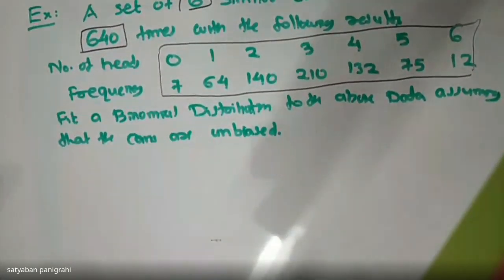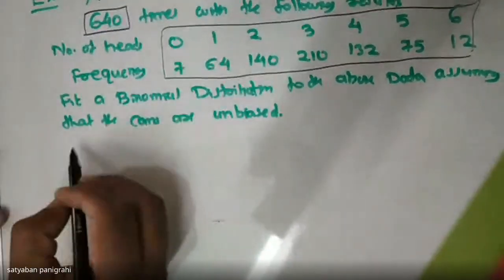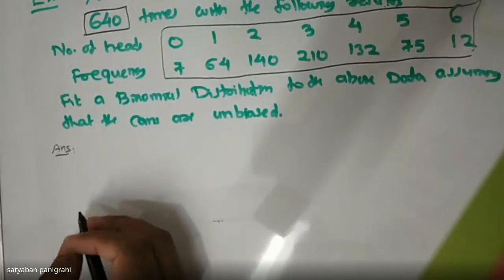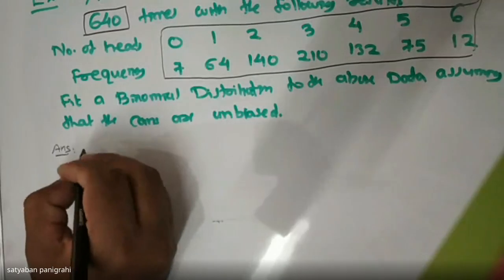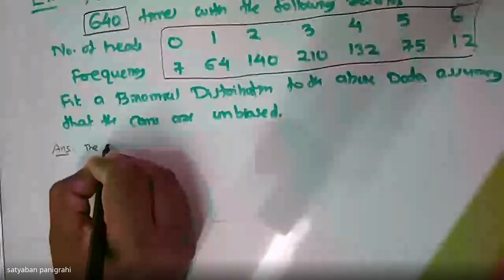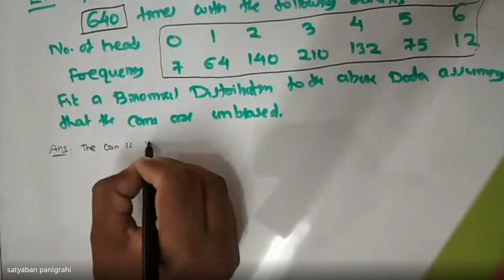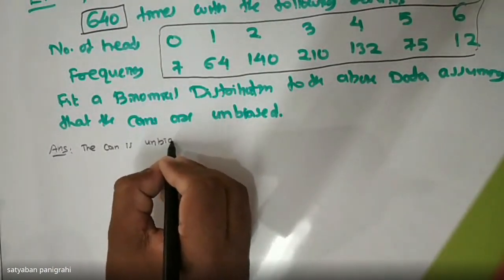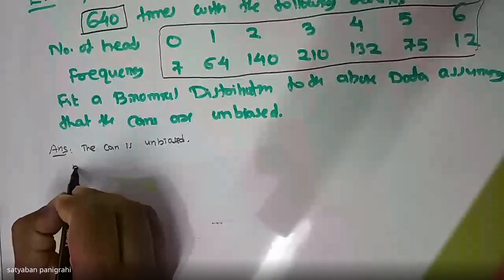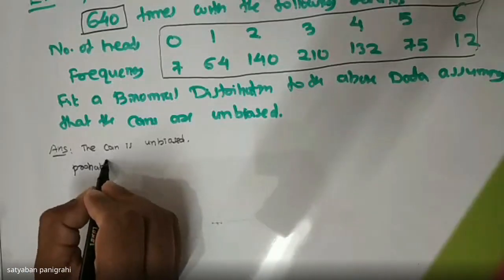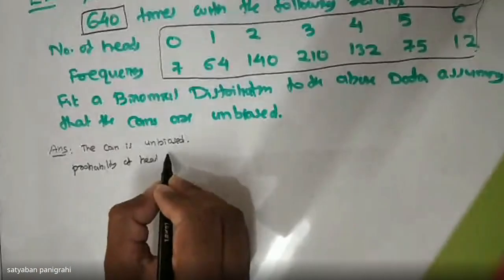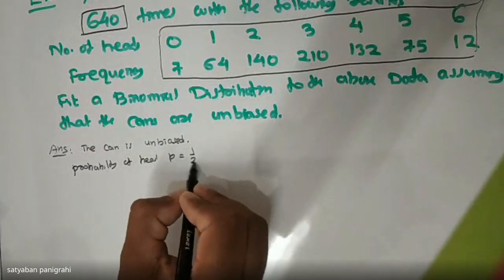Okay, so for the answer part, we can say, look here, the coin is unbiased. So we have probability of head P equal to 1 by 2.